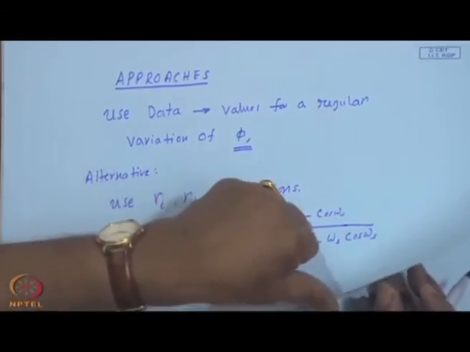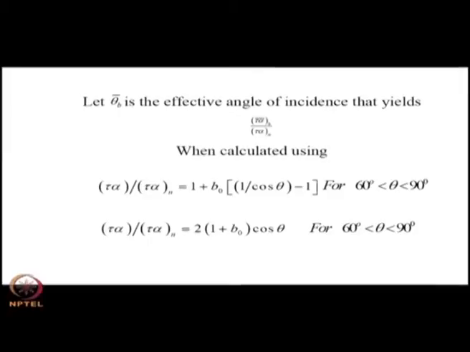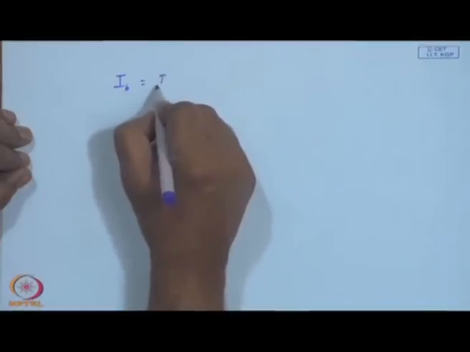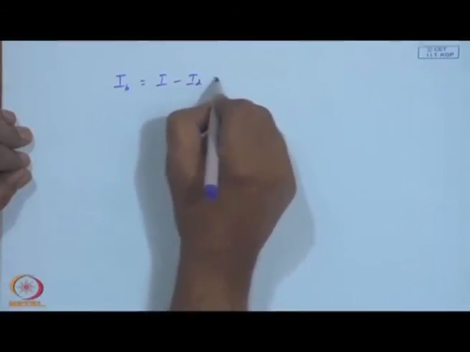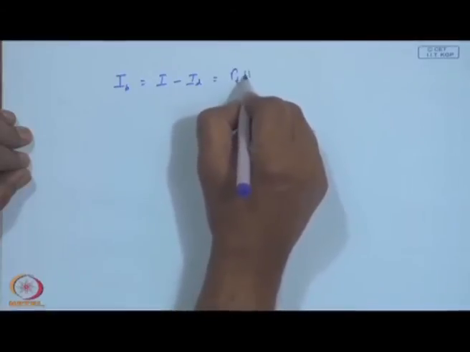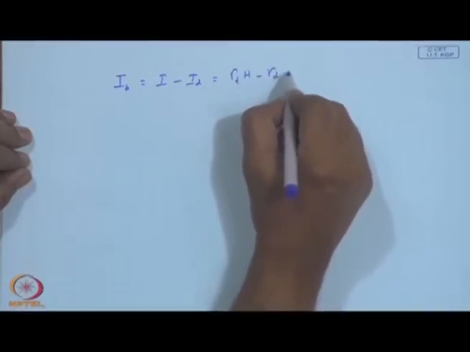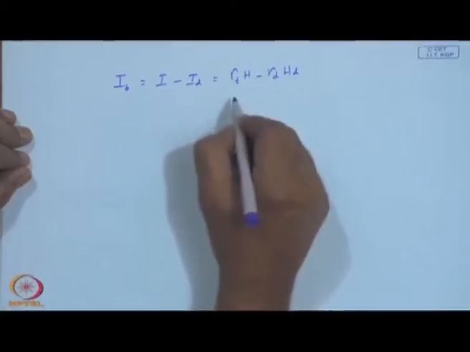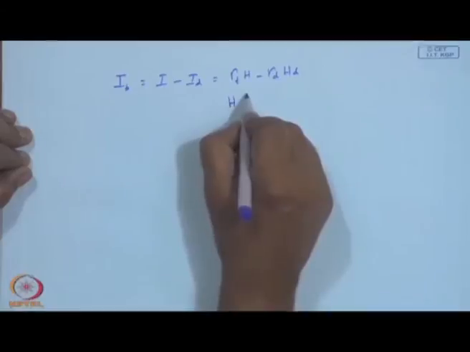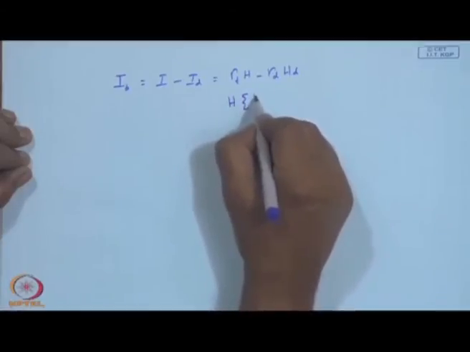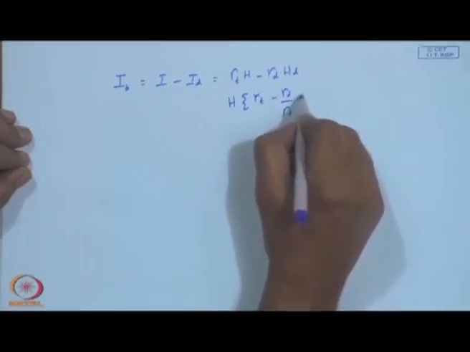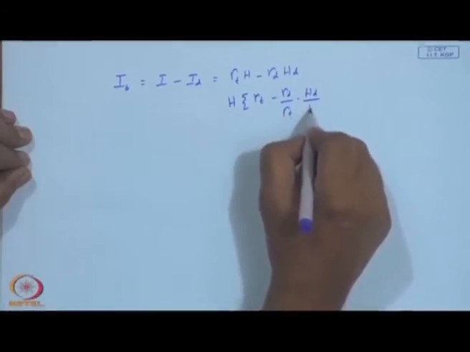So, I b, as we had done earlier, I minus I d, R t into h minus R d into h d, or one might write it h times R t minus R d by R t times the diffuse fraction h d by h.